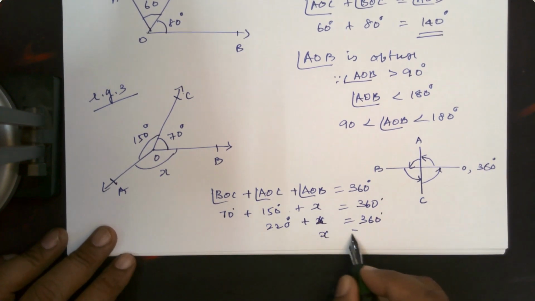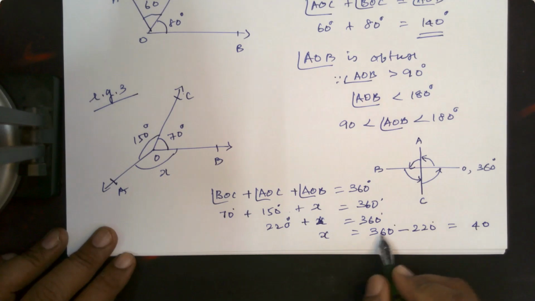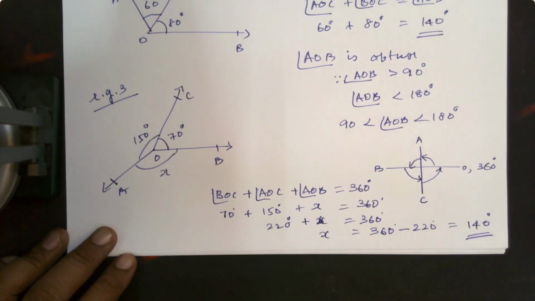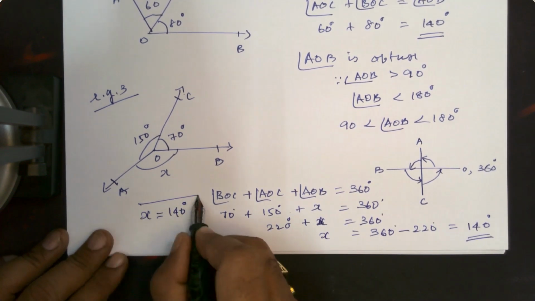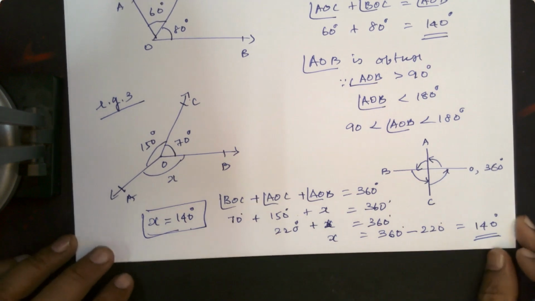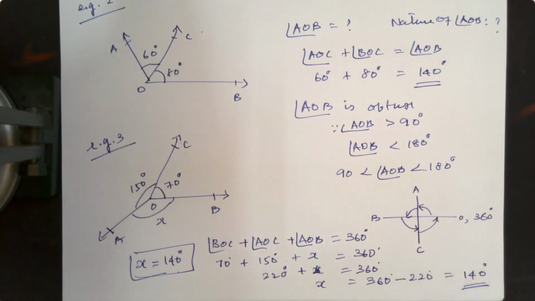Now X is equal to 360 degrees minus 220 degrees. How much? 140 degrees. So you can declare X is equal to 140 degrees. So by knowing these concepts, we can find out the unknown angles. These are all about lines and angles.